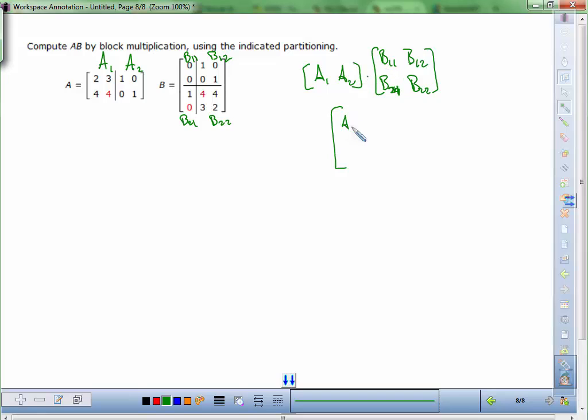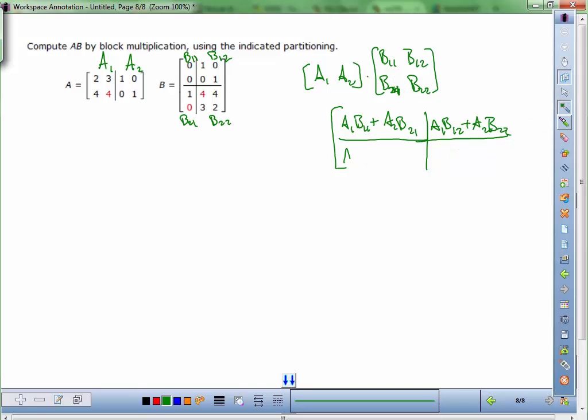I have A1 times B11 plus A2 B21, and then I'm going to have A1 B12 plus A2 B22, and then I have, is that it? That's it, huh? I don't need the stuff in the bottom.